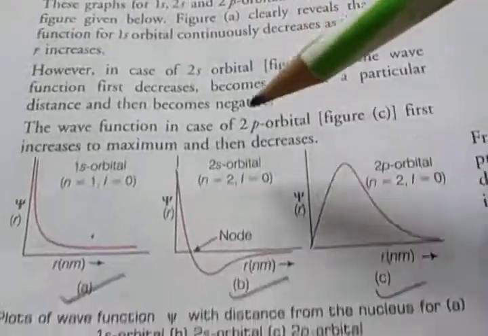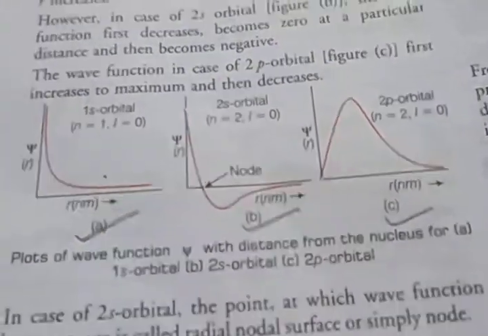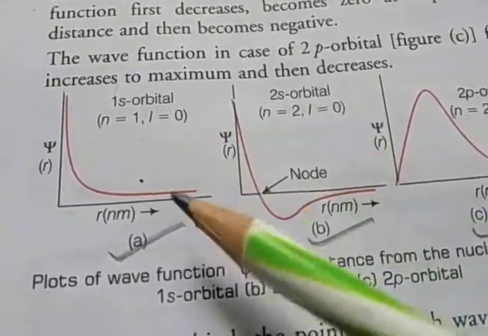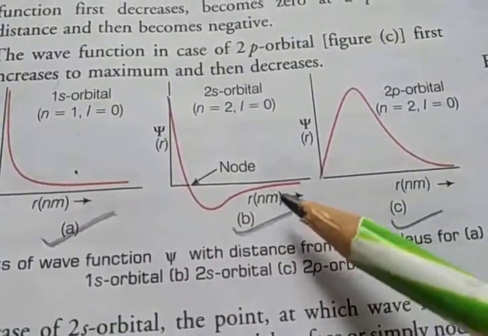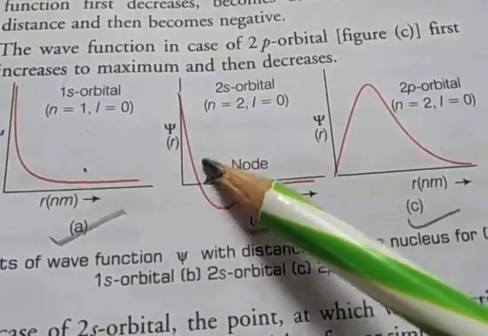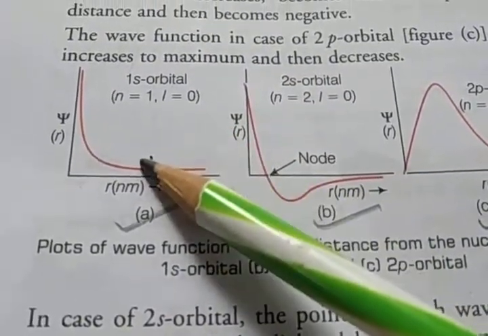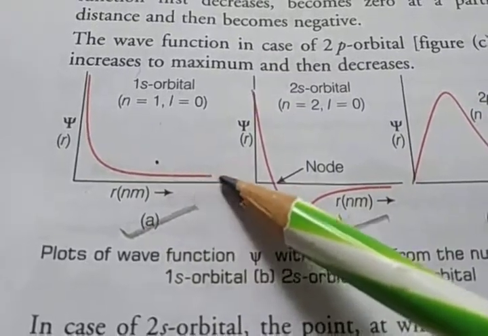Here in this graph you see the 1s orbital, psi plotted against r. In the case of the 1s orbital, psi continuously decreases as the value of r increases.